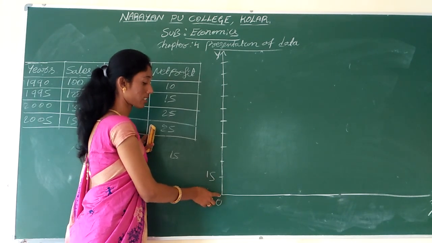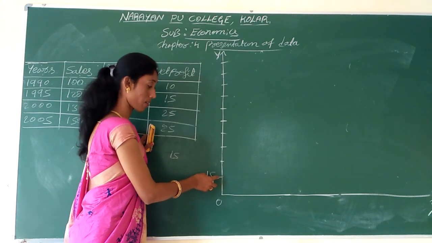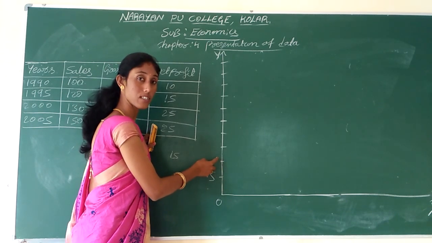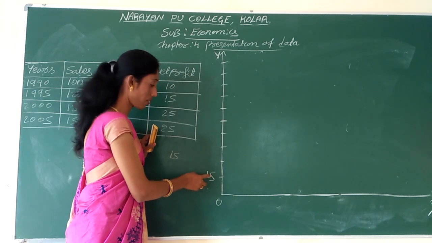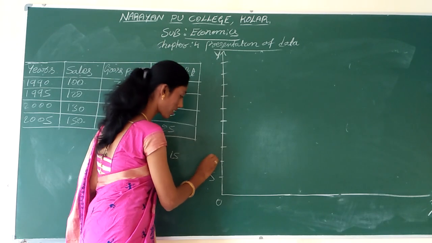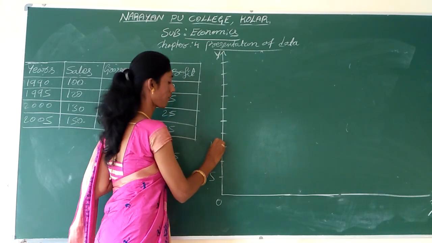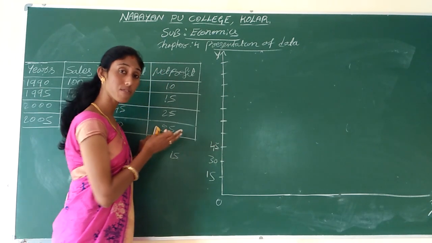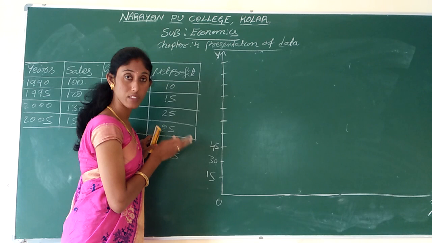The distance from 0 to the first point is 15, and in the same way, the difference from the first point to the second point will be 15. Then 15 plus 15 is 30, 30 plus 15 is 45. Likewise, we are taking the difference as 15 for each point. Got it now? We can also call it the class interval.